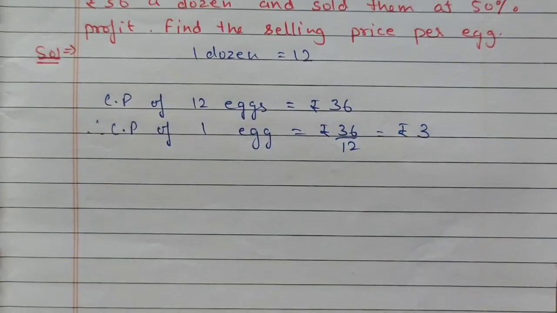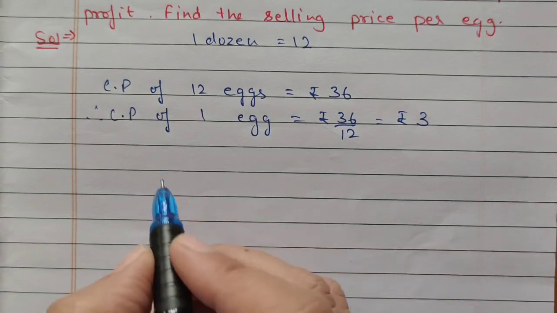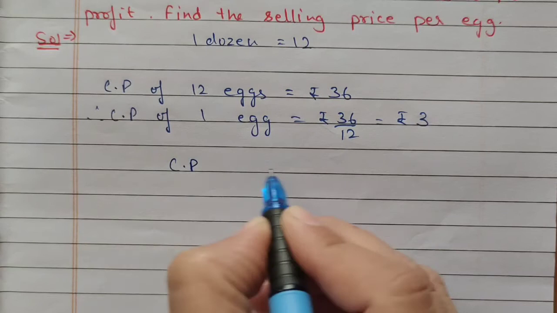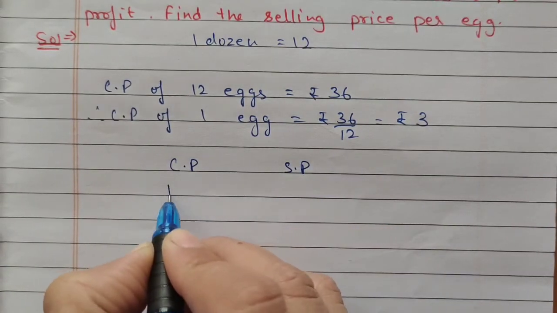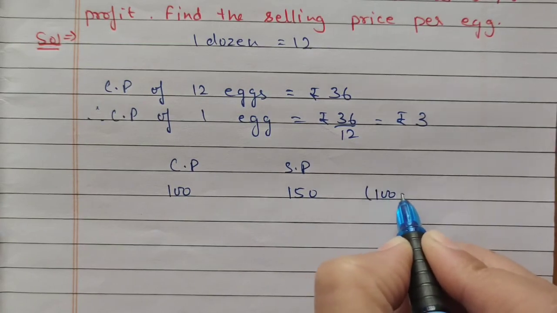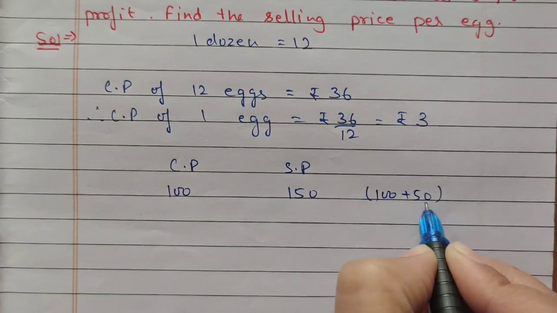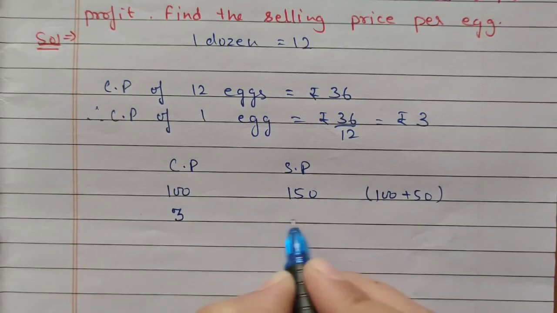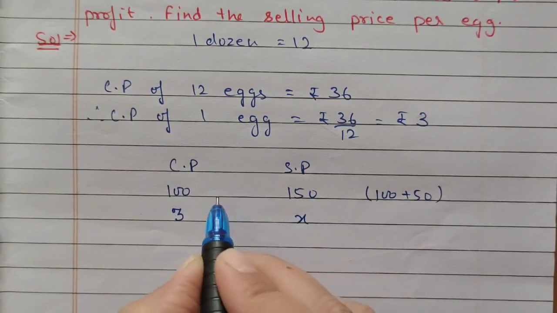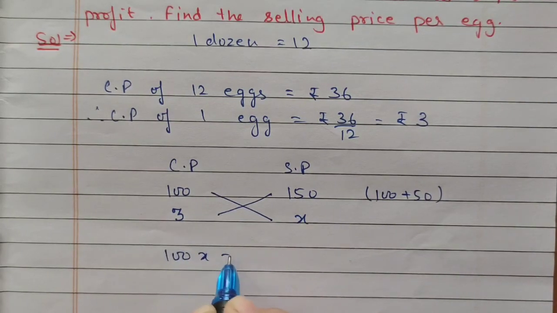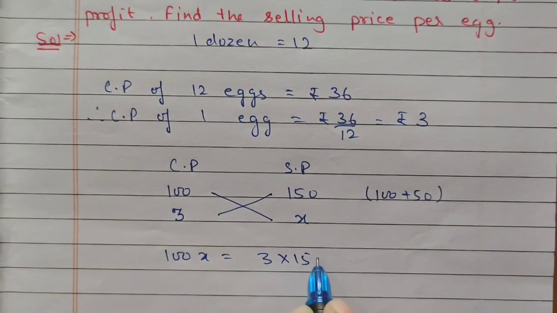Now we have to find out selling price for 1 egg and condition is given 50% profit is there. So cost price and selling price. If cost price is 100 rupees then selling price will be 150 rupees because he has 50% profit. So 100 plus 50, 150. And actually cost price for 1 egg is 3 rupees and selling price if we take x then cross multiply it. 100x is equal to 3 into 150.